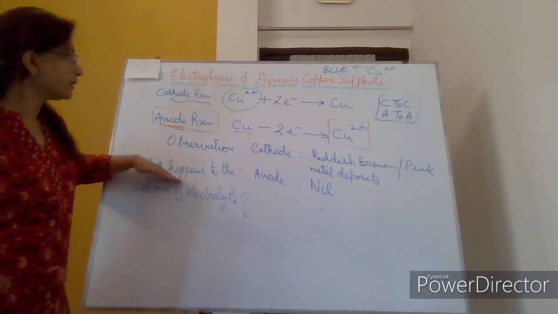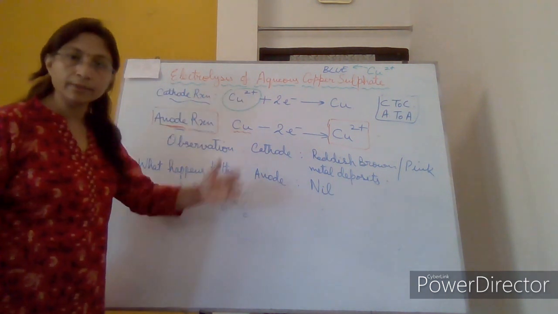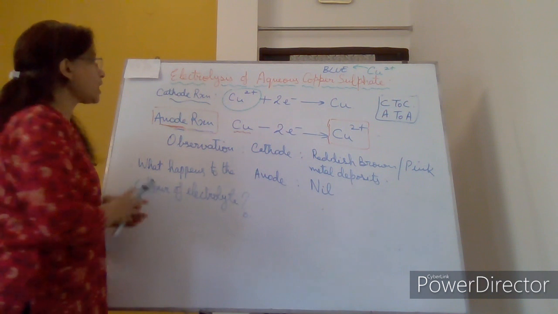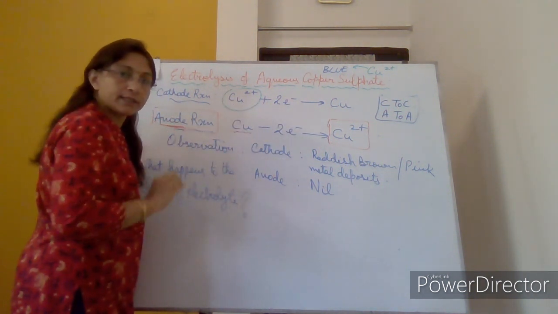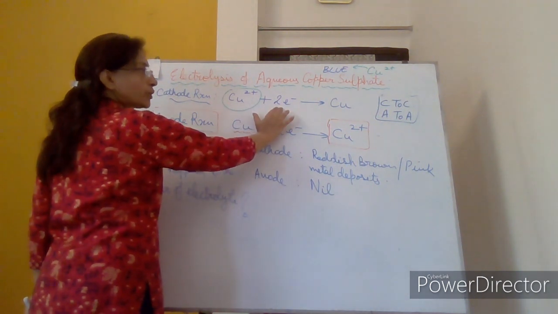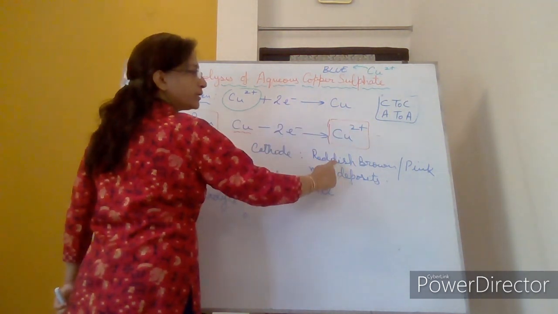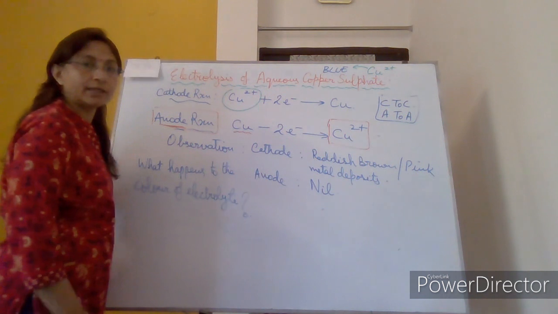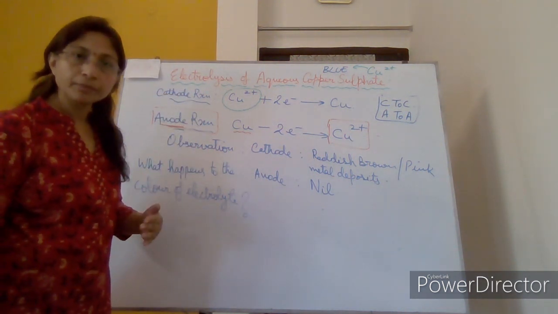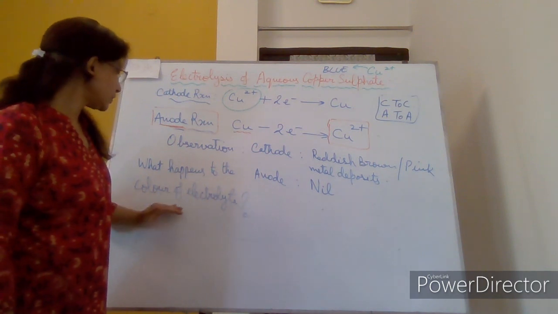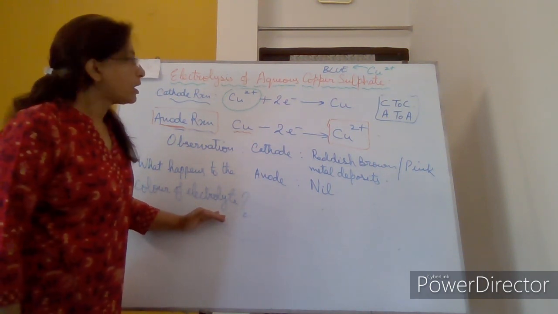क्वेश्चन है कि अगर आपका रिएक्शन हो रहा है और कंटिन्यूअसली आपके जो कॉपर कैटायंस हैं वो आपके इलेक्ट्रोलाइट से निकलकर डिस्चार्ज हो रहे हैं और कॉपर की स्टेट में यानी रेडिश ब्राउन और पिंक मेटल की स्टेट में कैथोड के ऊपर डिपॉजिट होते जा रहे हैं, तो व्हाट विल हैपन टू द कलर ऑफ इलेक्ट्रोलाइट?